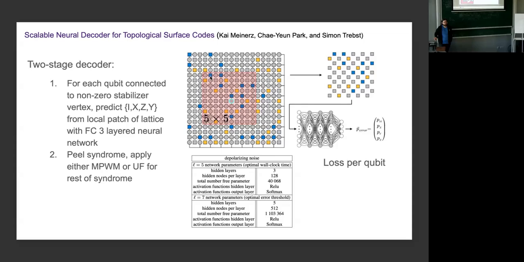If we take the most likely prediction, we say, okay, this qubit now has this error, and we modify the syndrome accordingly, right? With the peeling decoder, because if we know what happened, you can just propagate the syndrome. And then the rest of the syndrome you put on any other decoder, because here the aim is for speed, right?